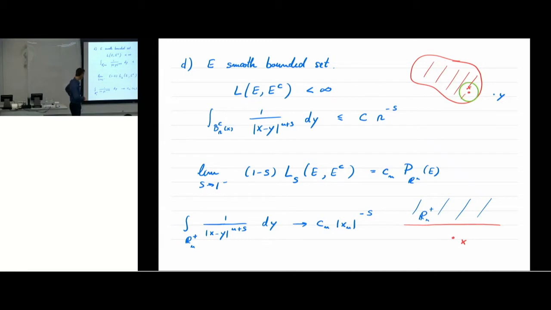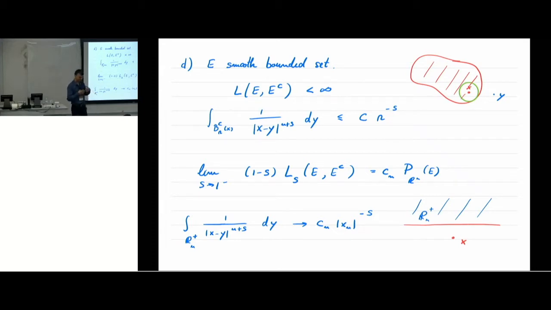And when I integrate this kernel from a point x to a straight complement on the other side, pretty much the answer is going to depend on the distance from x to the boundary raised to the power minus s, with a specific constant depending on the dimension. So you'll get some sort of identity like this.